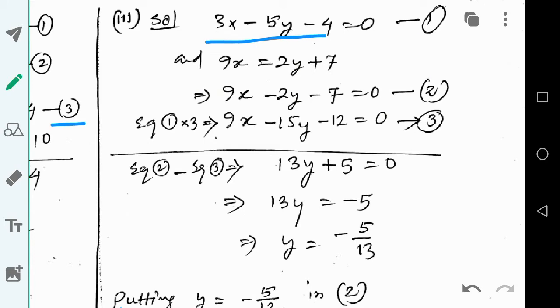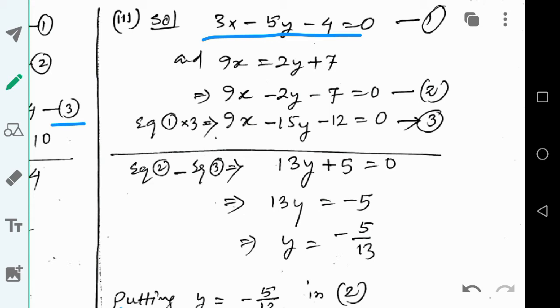So this is equation number 1, and this is the next equation. If these two equations are not in the same form, you have to simplify so that both are in the same form. Now you see this is in the form of ax plus by plus c is equal to 0.